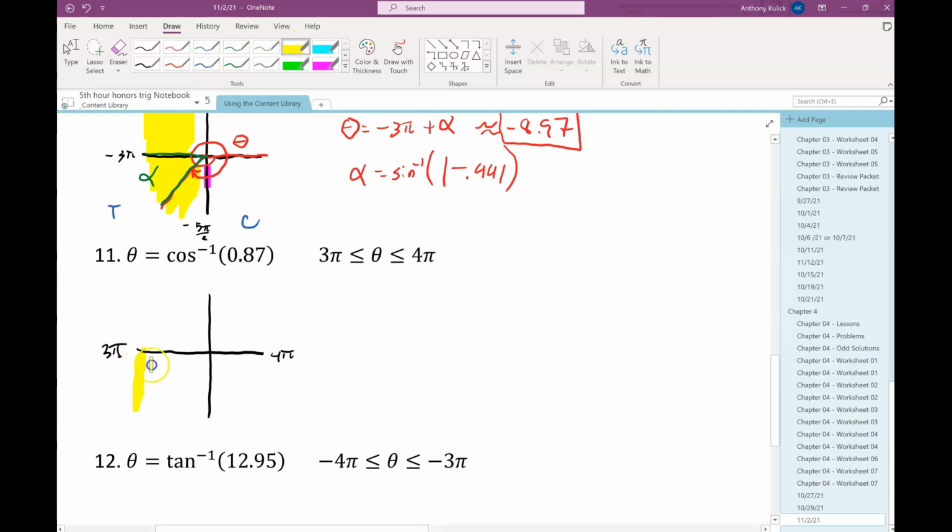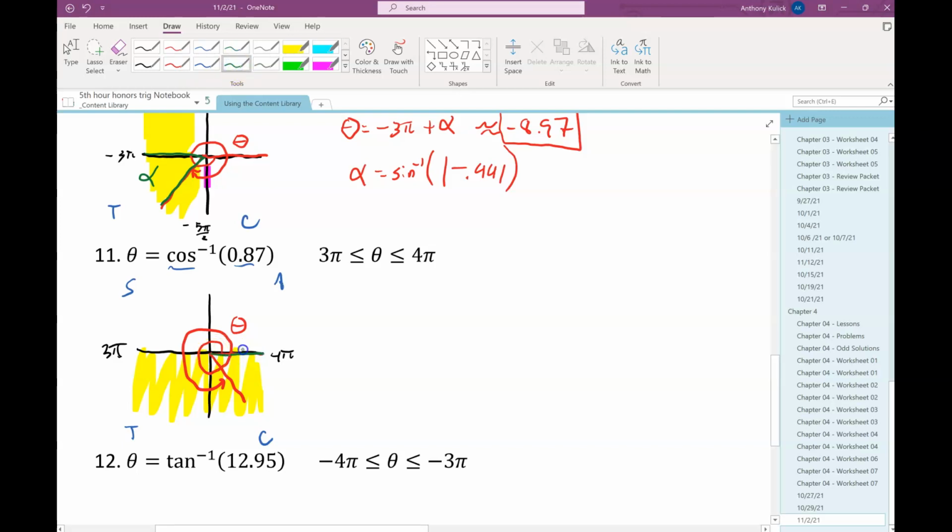So we're talking about quadrants 3 and 4. So all silly turtles crawl. Cosine is positive in quadrant 4. So there's my theta. So far, so good, Mackenzie? Okay.